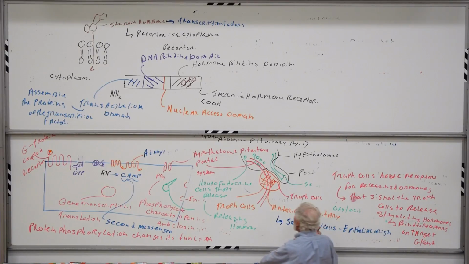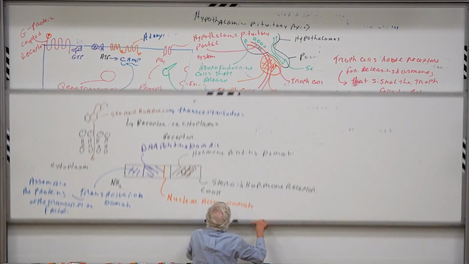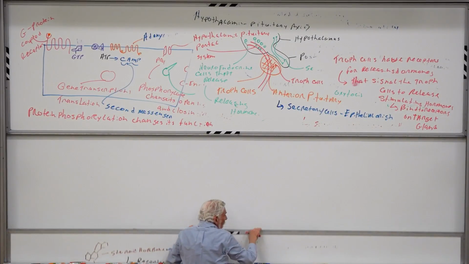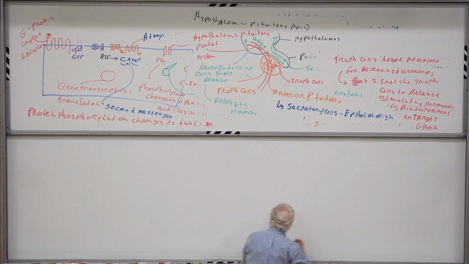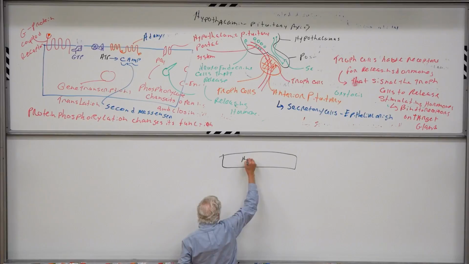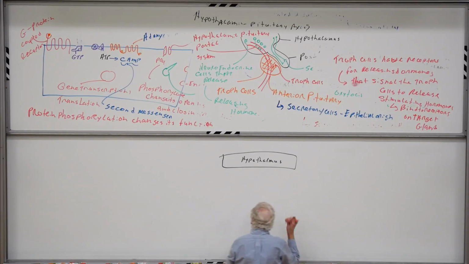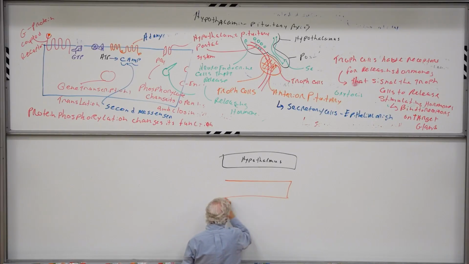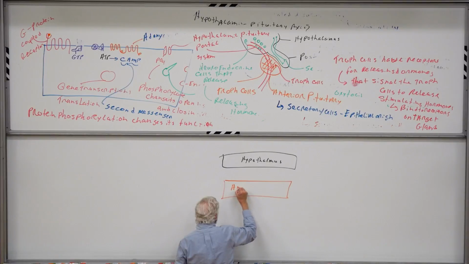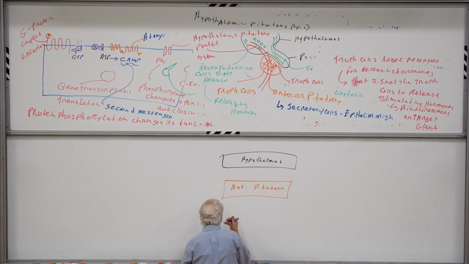And there's one more piece I have to put in here. I'm sorry, but I have to put it in. There's a 4-box model. Deep 6 this. And the 4-box model goes as follows. This is the hypothalamus. This is the anterior pituitary. In purple is the target gland.